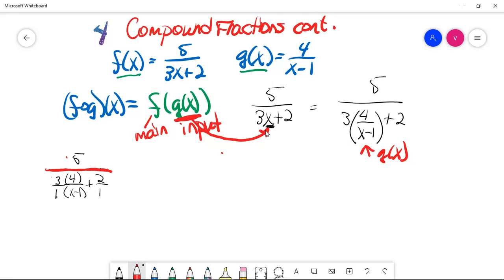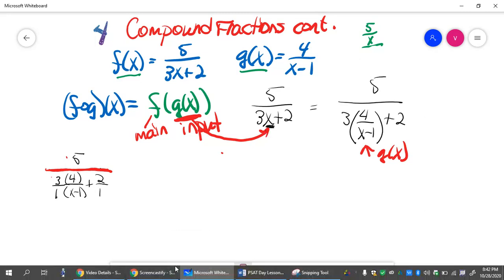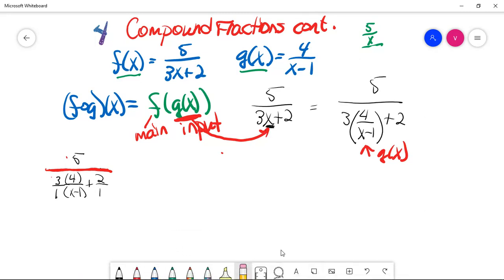Okay, in other words, I'm going to write a little thought bubble over here, a real dumb fraction. If I had something like 5 over x over 2, it is not 5 over x over 2.